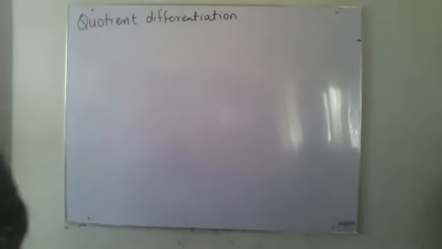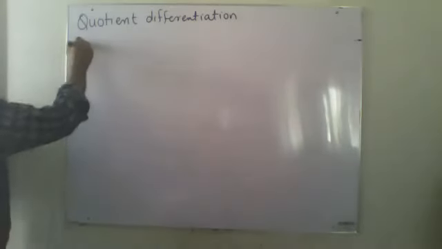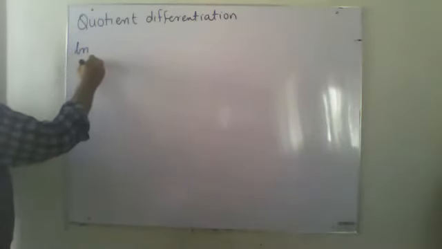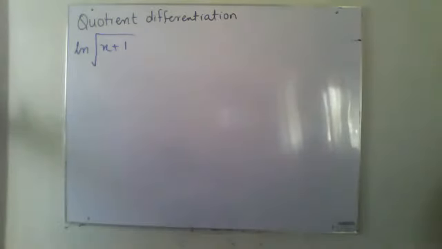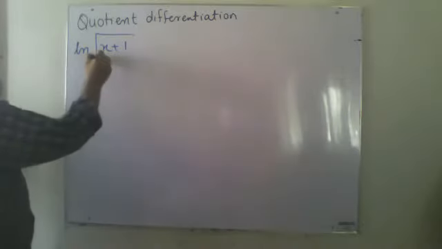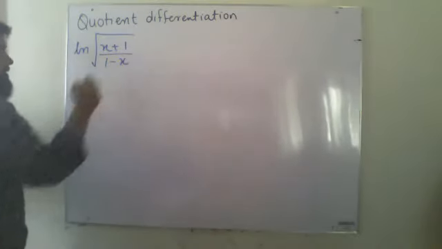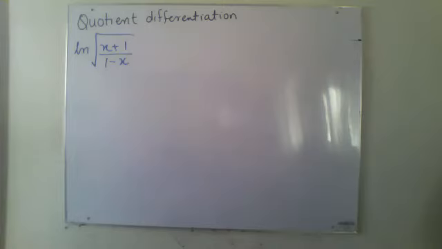Now we are going to work with ln of the quotient, ln of under root (x plus 1) over (1 minus x). Now, if you will apply u over v in this one, things will become very messy for you guys. So instead, try to use your brain, try to use the knowledge which you have already got.